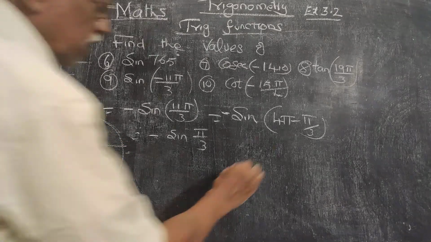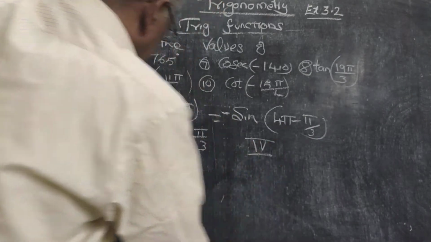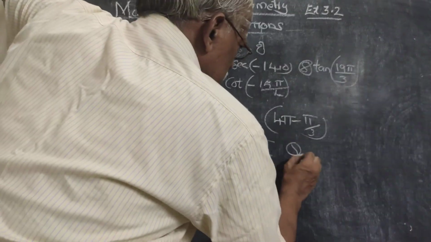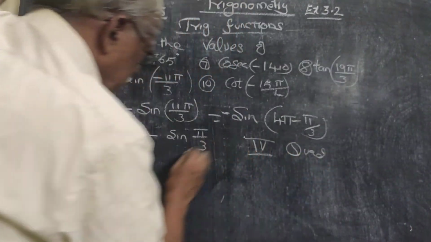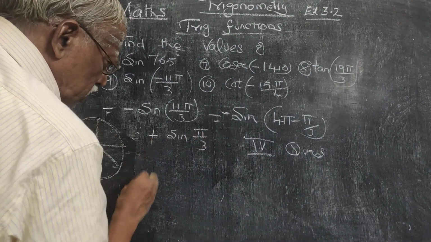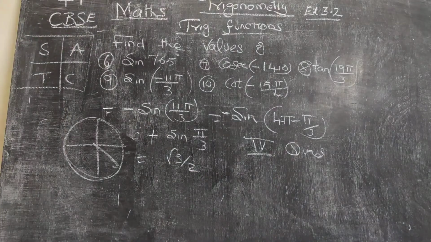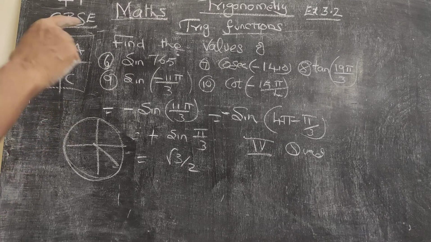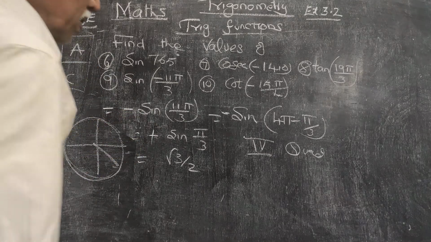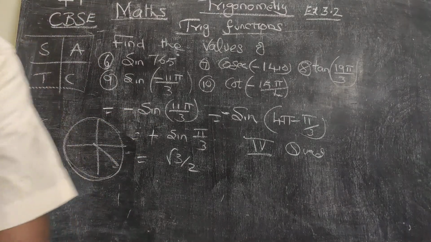It lies in the fourth quadrant. I think I made some mistake in the previous one. So it lies in fourth quadrant, therefore it is negative, so becomes plus. So root 3 by 2. So minus sign is there and 4 pi minus pi by 3, therefore it is pi by 3. But since it lies in the fourth quadrant, sign negative, so minus minus plus like this. Sin pi by 3 equal to root 3 by 2.